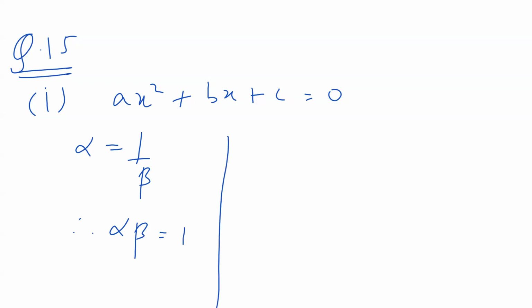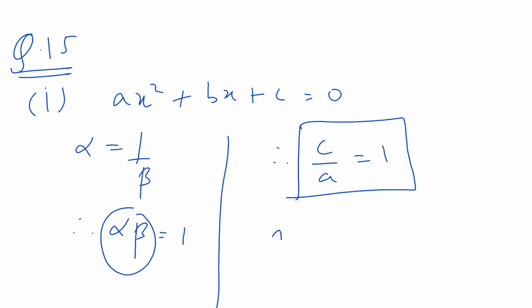Therefore, C upon A is equal to 1, because alpha into beta is C upon A. So this is the condition. A cannot be 0 because C upon 0 will not be defined. C is also not equal to 0 because 0 upon A should give you 0, but we are getting 1. So A and C both are not equal to 0.